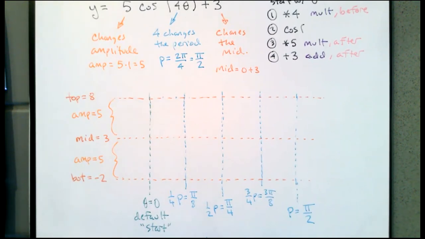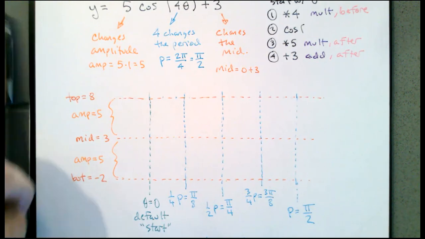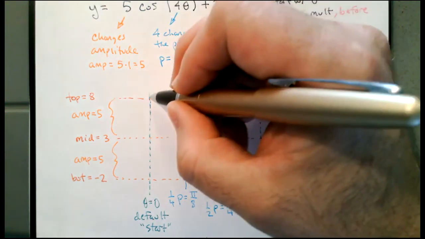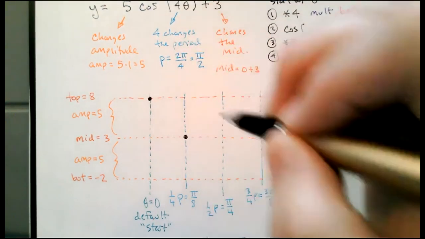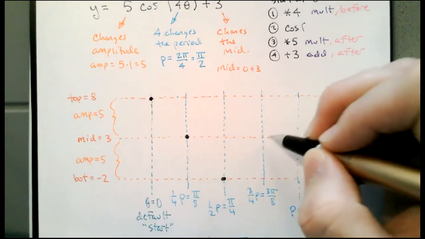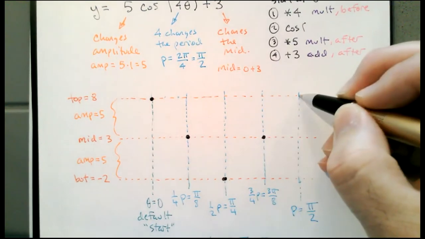So I've got where I'm going to have the top, the middle, and the bottom. Since it's cosine, I know cosine starts at the top. So I'm going to start the graph at the top, go to the middle going down to the bottom, to the middle going up, and back to the top.